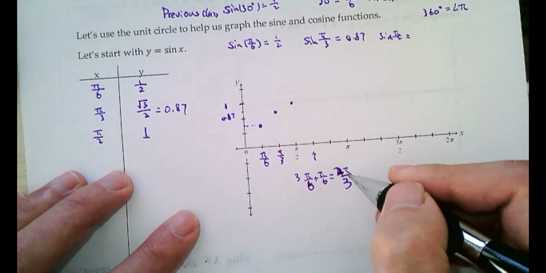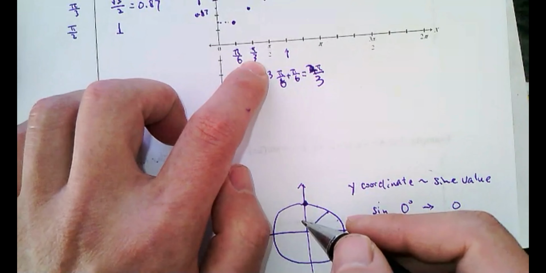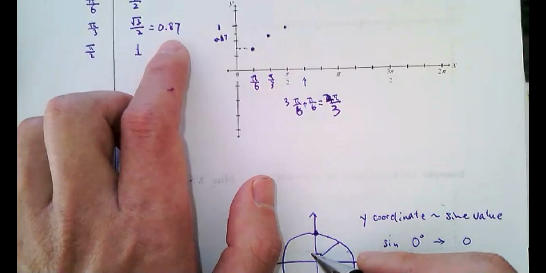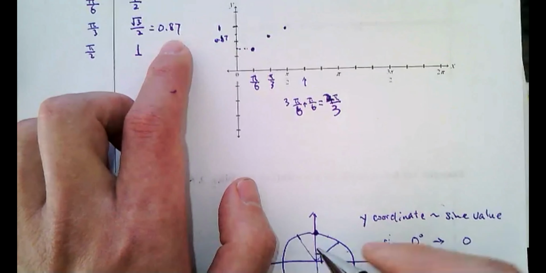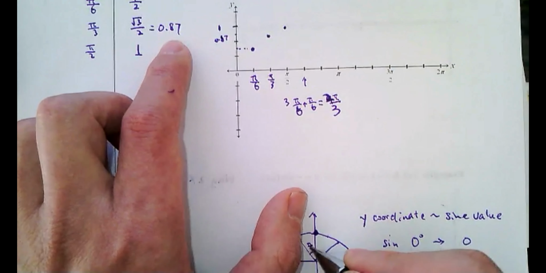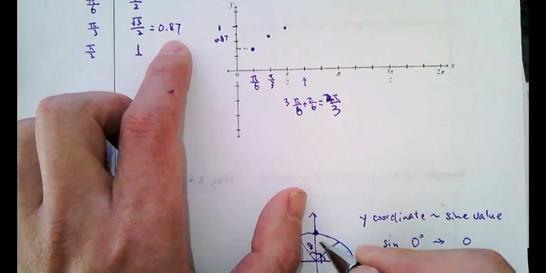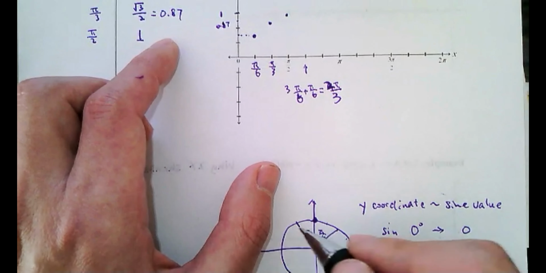You are moving. Again, remember the y coordinate corresponds to the sine value. When you are here, you have pi over 3, and the corresponding y value is 0.87. How about you move to the other side? This angle is still pi over 6. You just move pi over 6 to the other side. Do those 2 points share the same y coordinate?